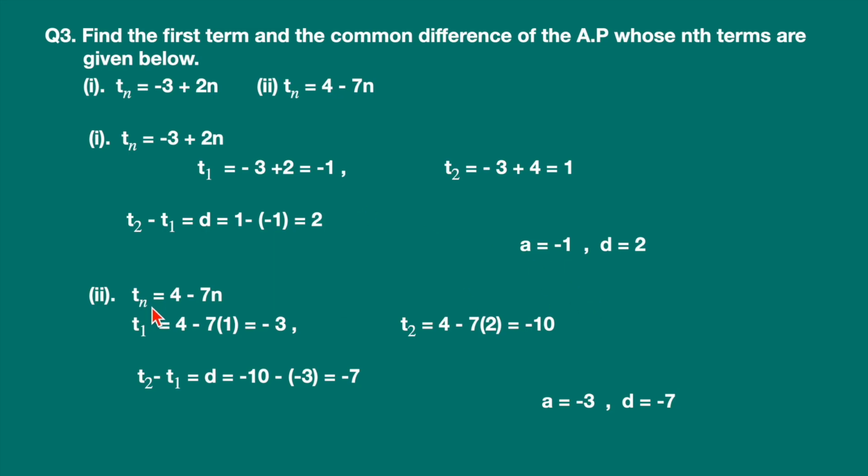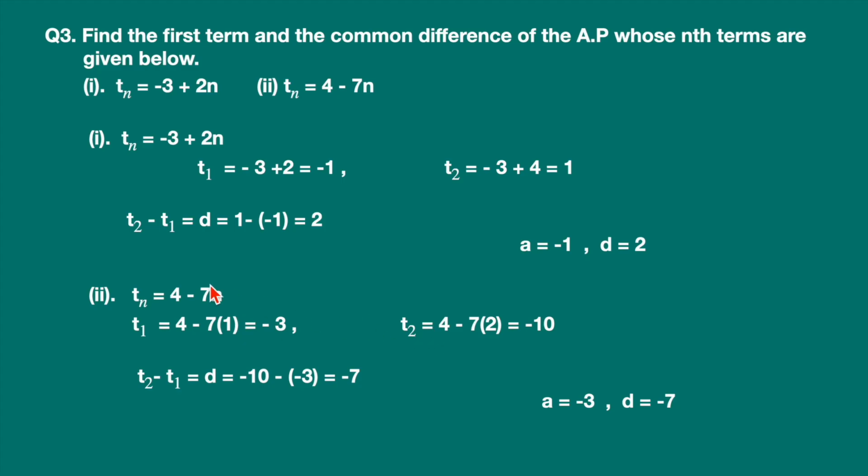Second sum, Tn is equal to 4 minus 7n. So T1 is the first term. So put n is equal to 1, you get 4 minus 7. 4 minus 7 is minus 3. So A is equal to minus 3. Now let us find out D. For that, find out T2. N is equal to 2.